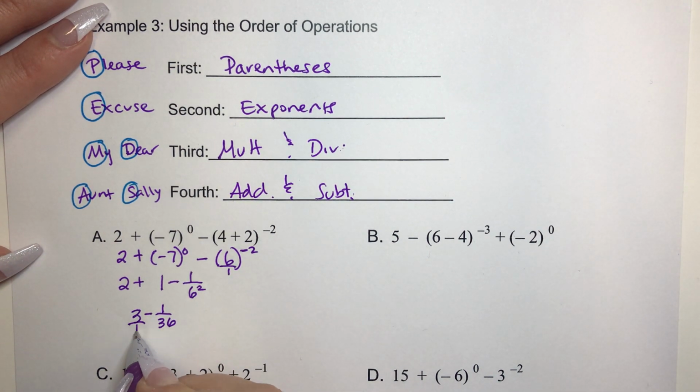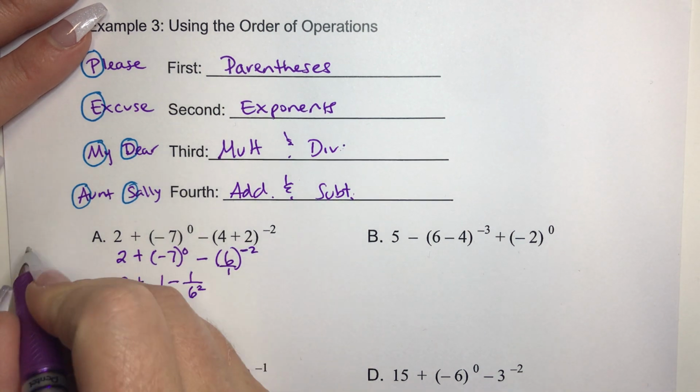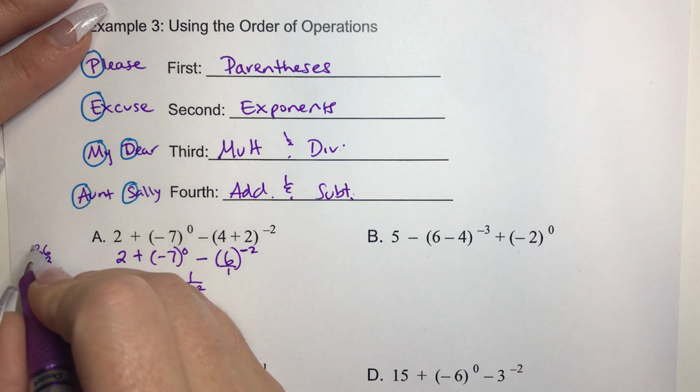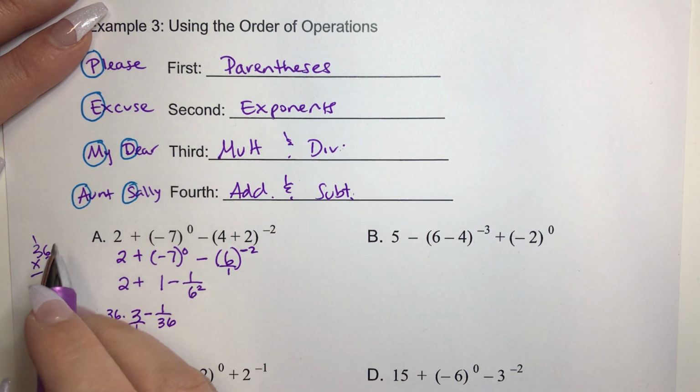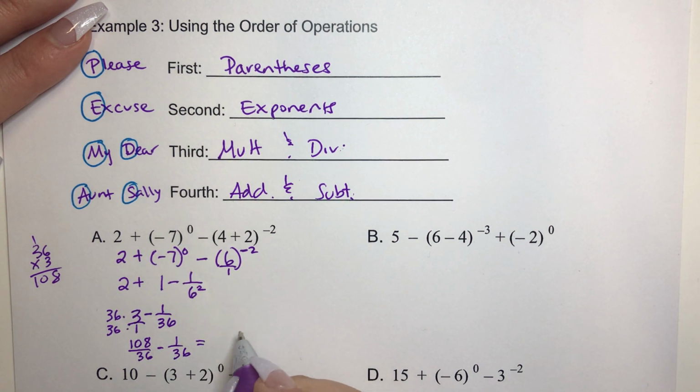I'm going to make this 1, and the common denominator between 1 and 36 would be 36. So I'm going to multiply both sides by 36. 3 times 6 is 18. Carry the 1. 3 times 3 is 9, plus 1 is 10, so 108. So we got 108 over 36 minus 1, and that equals 107/36.